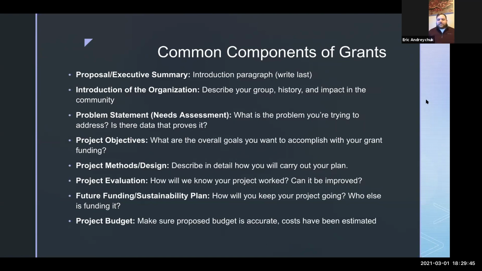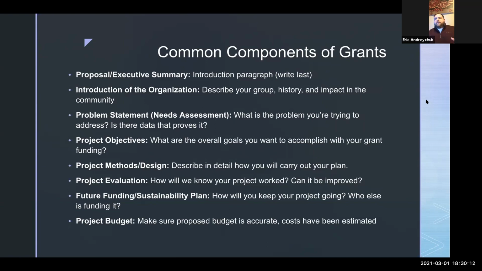Because in the next section, the project methods and design, this is where you're going to describe the work. So in order to do our project, these are the things that we need to do to make the big impact we want to make in the community. For instance, if you are trying to address blight in your community, what are the things that you need to do to address blight?